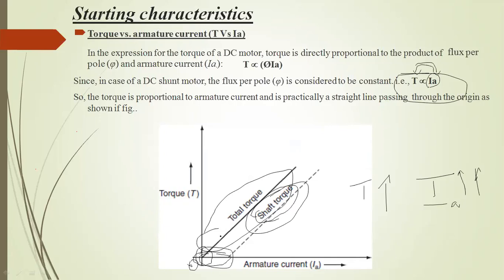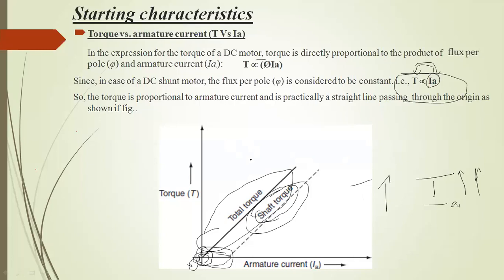Actually, the characteristics are going to start from the origin, because the torque depends upon the armature current. But practically, this is going to be different. When considering armature reaction, the torque is directly proportional to Ia, so here also the same relation is considered. Due to the armature reaction, the field is going to weaken.